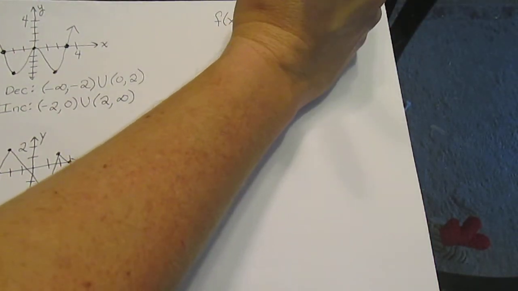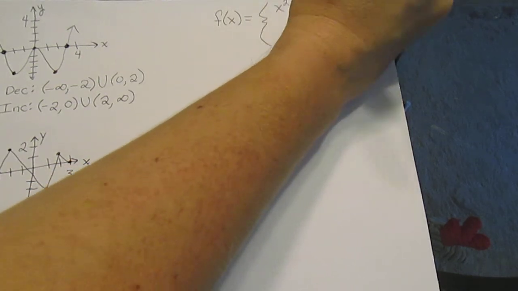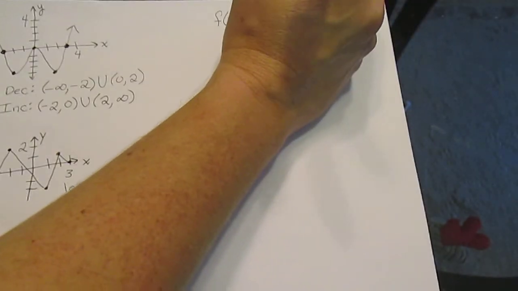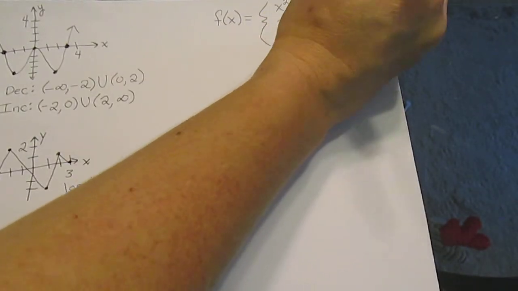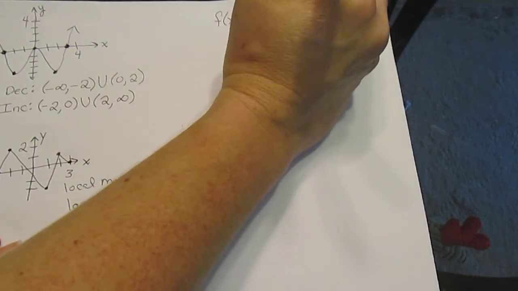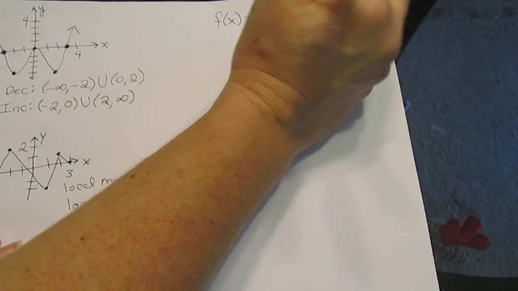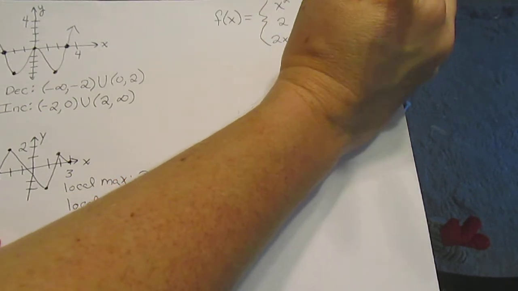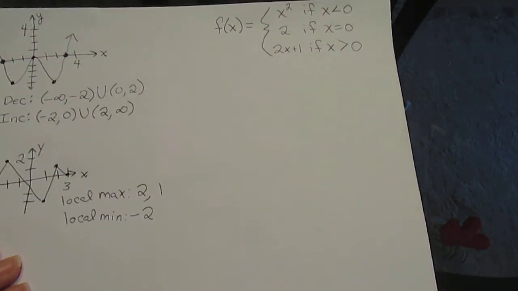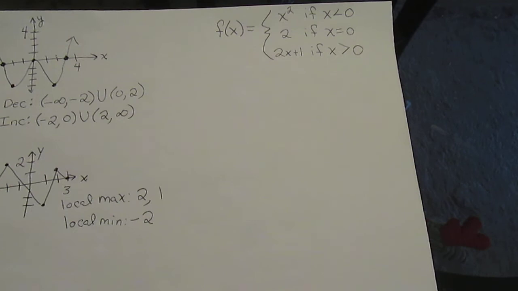So x squared if x is less than 0, 2 if x is equal to 0, and 2x plus 1 if x is greater than 0. Okay, so that is an example of a piecewise defined function. You've got different pieces to your equation, okay?